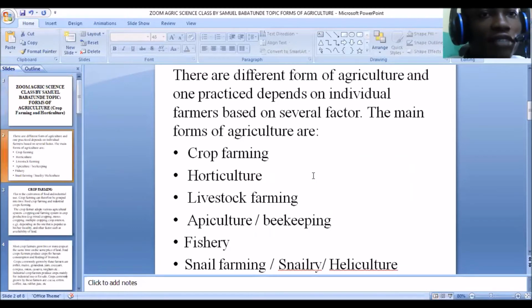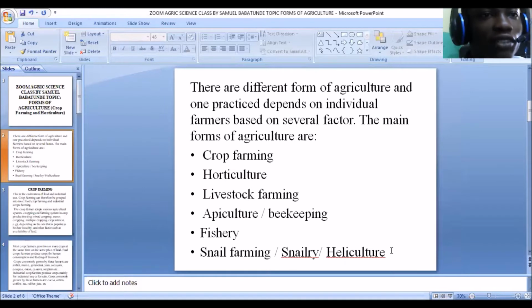Now, there are different forms of agriculture, and their practice depends on the environment we find ourselves in. The one each farmer chooses to practice depends on several factors.